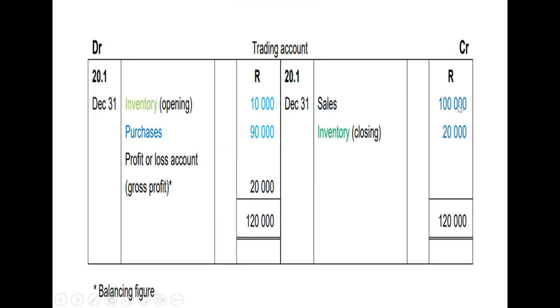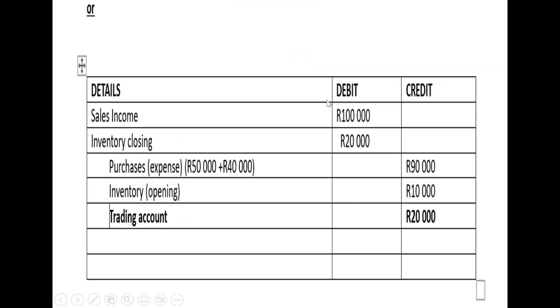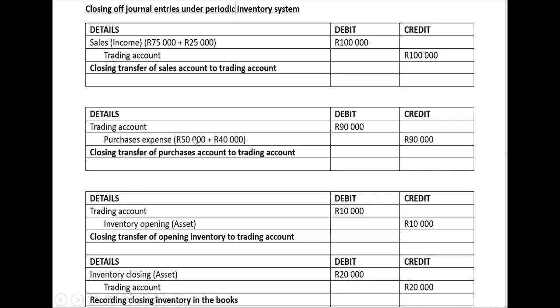We post that 100,000. Let's go back again and see the second journal entry. Trading account is debited and then we credited what? Purchases account. For how much? For 90,000. So we go to the debit side of the trading account.